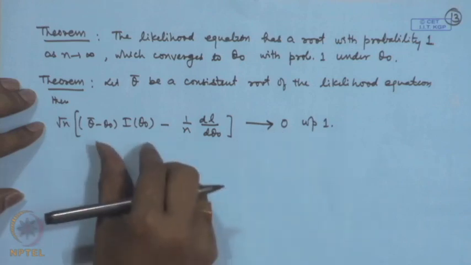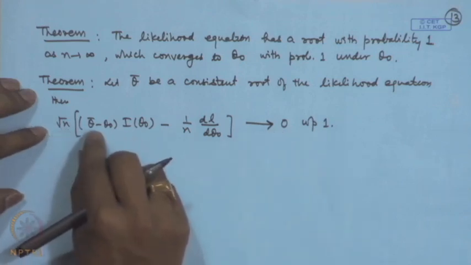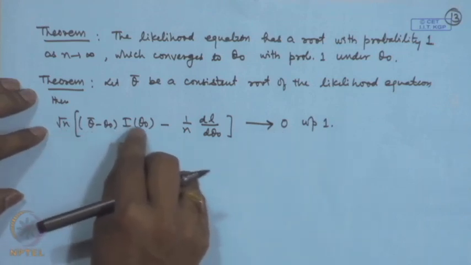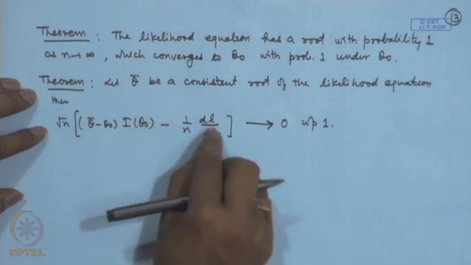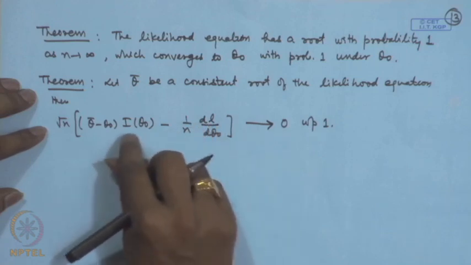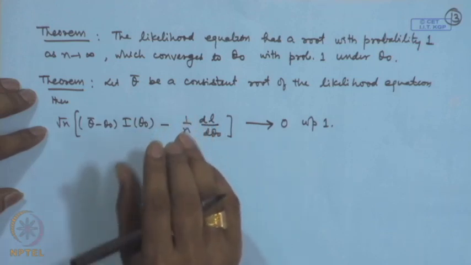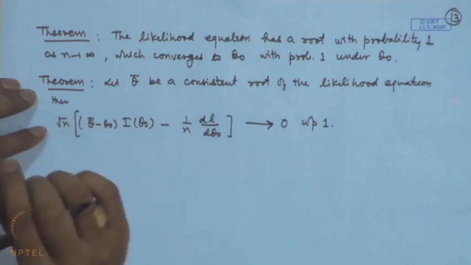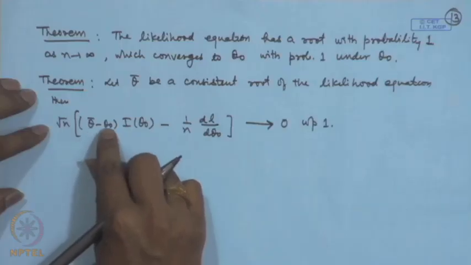Now, what does it mean? This result is something like that the root of the likelihood equation, that is the maximum likelihood estimator, is asymptotically efficient, because what term we are getting, theta bar minus theta naught.